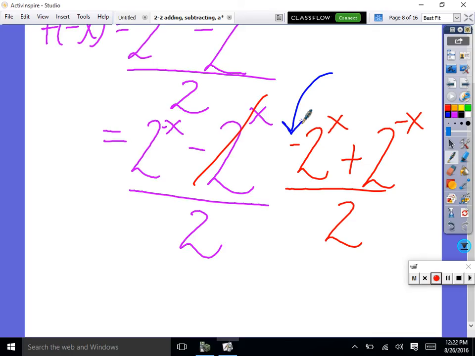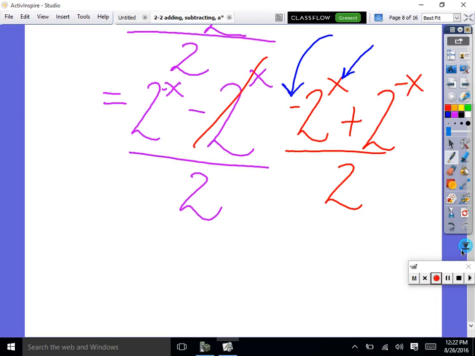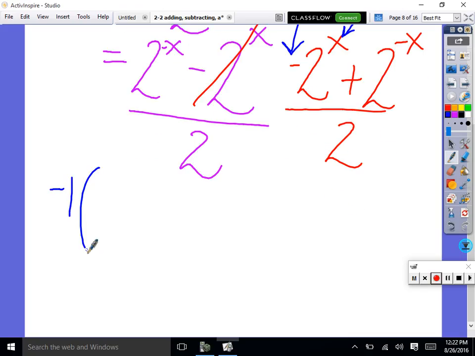I'm reordering it so that this is in front, the positive x, because in the original function, that's how they ordered it, so that we can compare it accurately. So now I have a negative in front, so I'm going to factor out that -1. I'm going to factor out a -1. So then I'm going to go back, divide each term by -1.